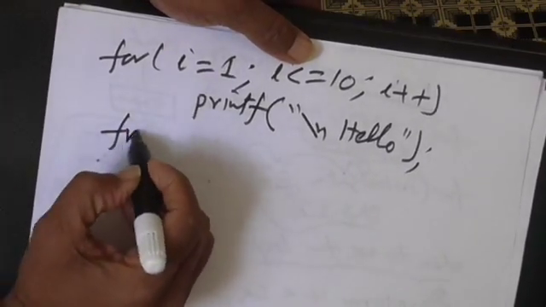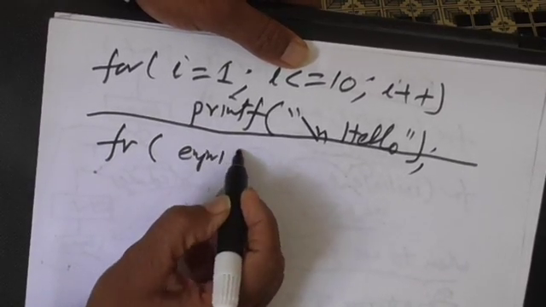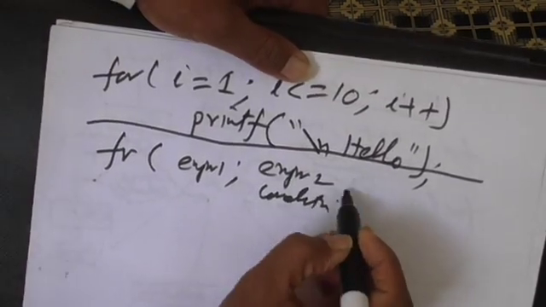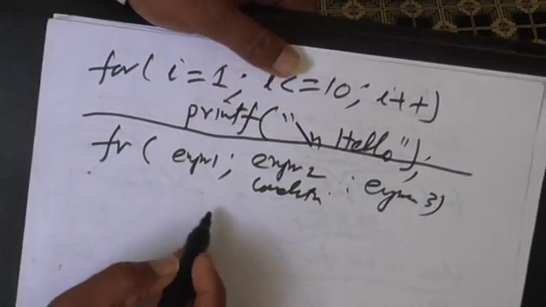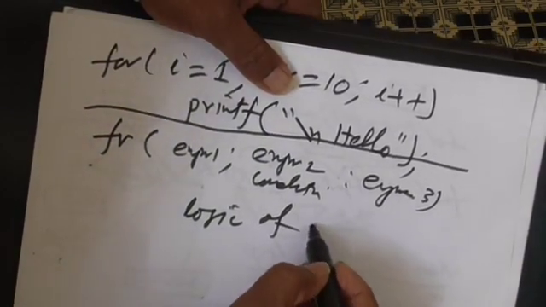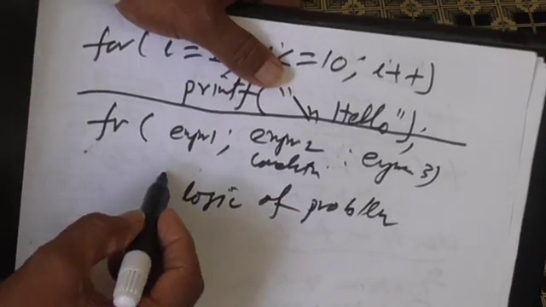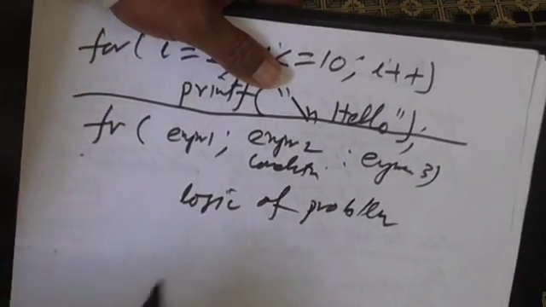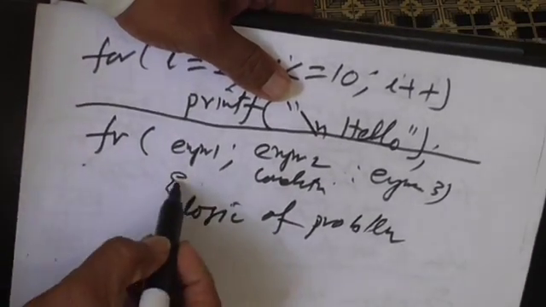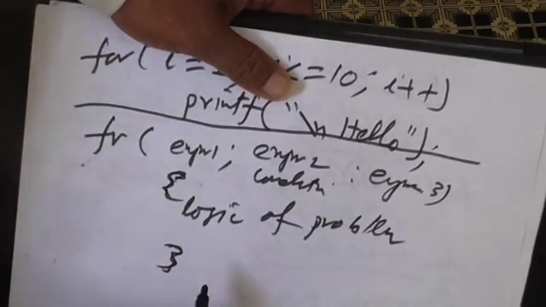So very simply, if I say for expression 1, expression 2, or the other name condition, and expression 3, then whatever the logic of the problem is, you put it within a block.